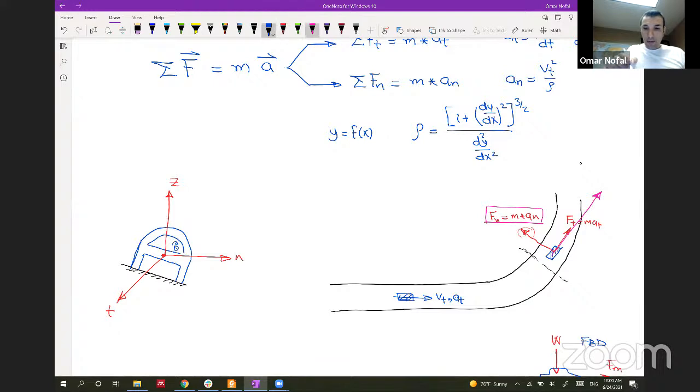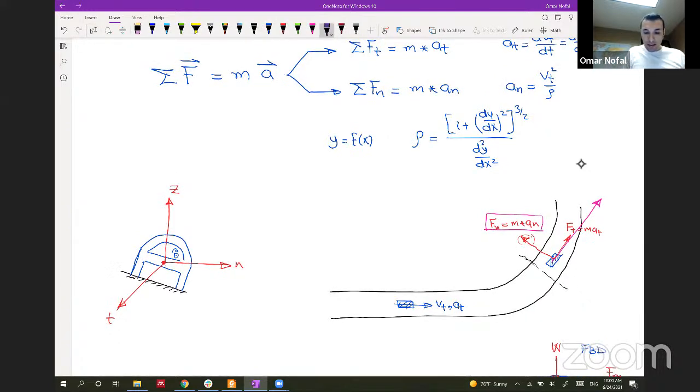Let's put the forces in this color. We have the weight going down, and the motor force of the car going in the tangential direction, outside of the paper, and a normal force coming from the surface on the car. The normal force is always perpendicular to the surface.